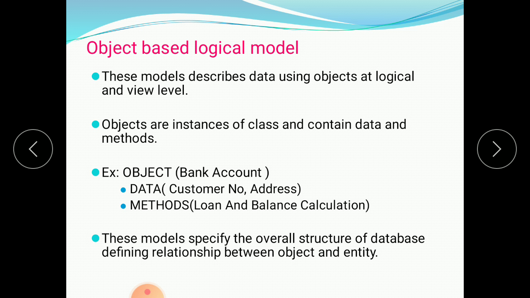Then methods: what methods come in bank accounts? If that person wants to apply for a loan, then loan is one of the methods. If that person wants to inquire about the balance, balance inquiry. If that person wants to deposit, then deposit. These are the methods related to the bank.